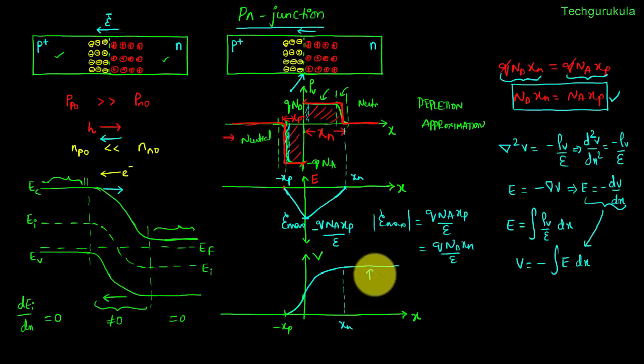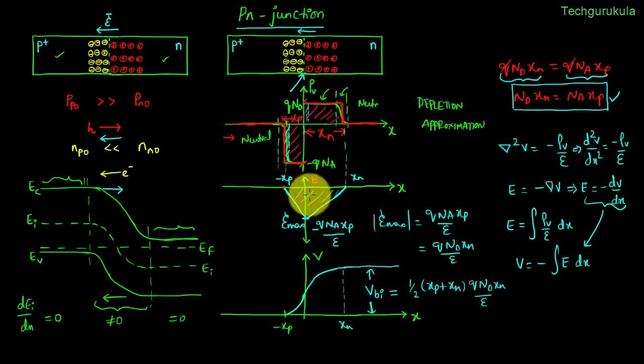And this potential we call the built-in potential or the junction potential, which is VBI. And VBI we know should be equal to minus the area under this curve. And the area of this curve is actually, with the minus, equal to half times base times height. The base is xp plus xn times the height, which is E max, equal to Q Nd xn over epsilon.